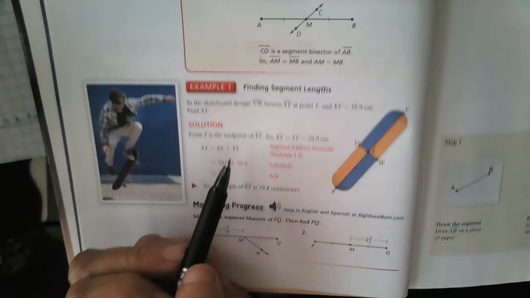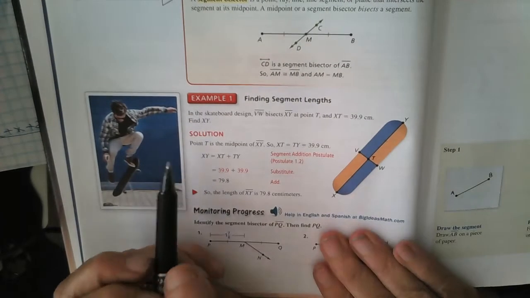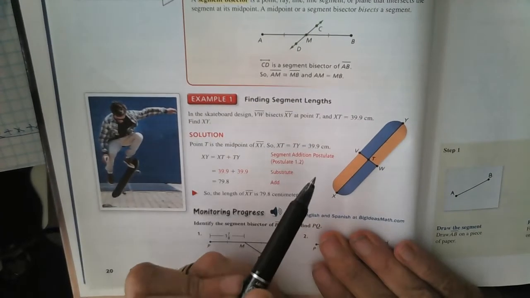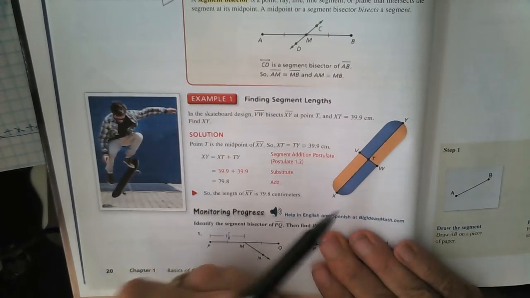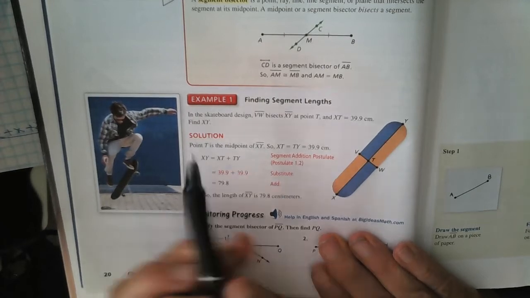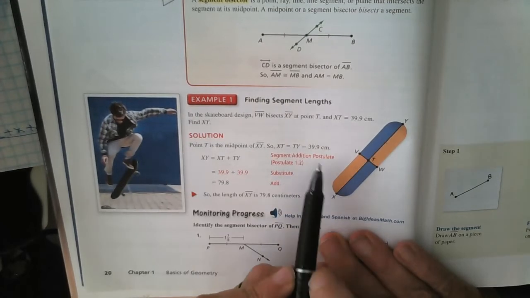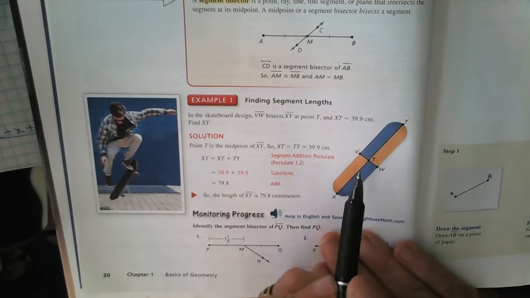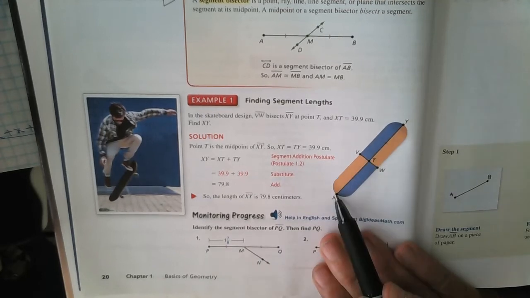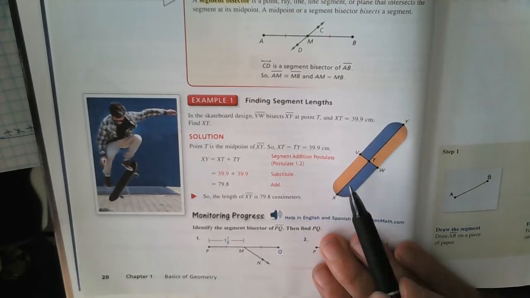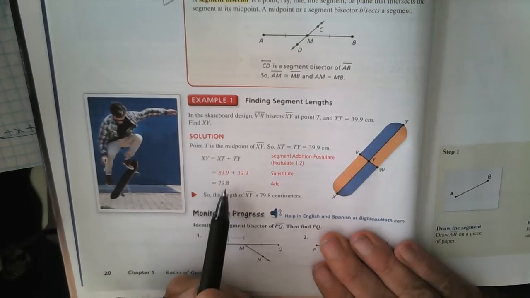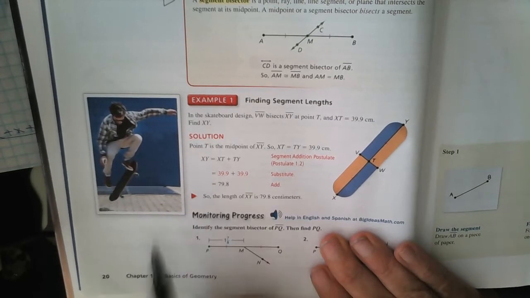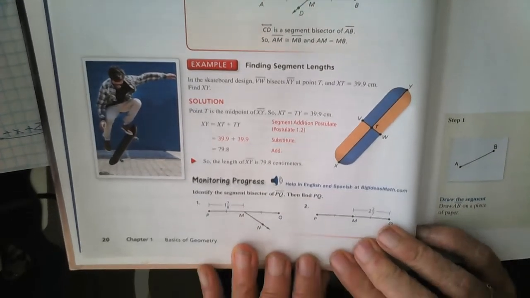So if it's a midpoint, you can find measures, right? Like here they said TY was 39.9, so this is also 39.9. We add those two together, the whole thing is 79.8. We could do the same thing here if we needed to find PQ, and this is 1 7/8.